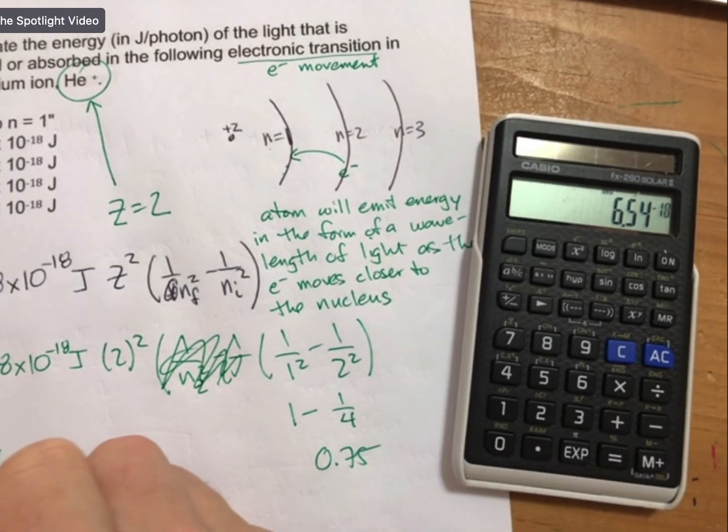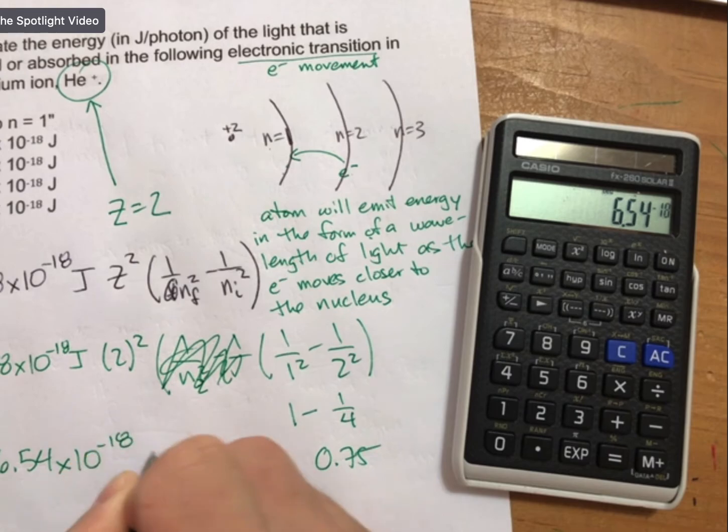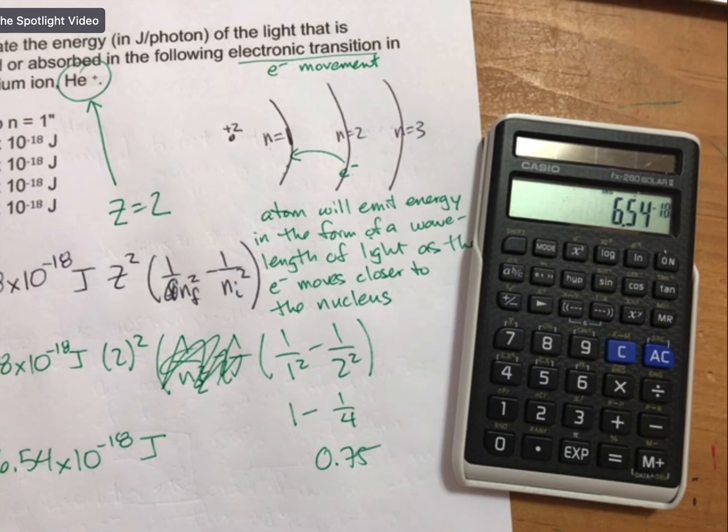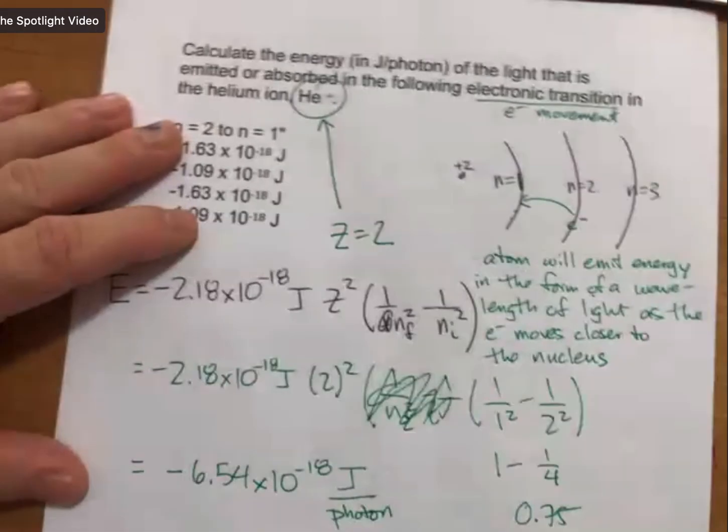And it should be negative. So also not an option. I will have to work on this problem too. And again, this is joules. It's also joules per photon, and it is not kilojoules per mole.